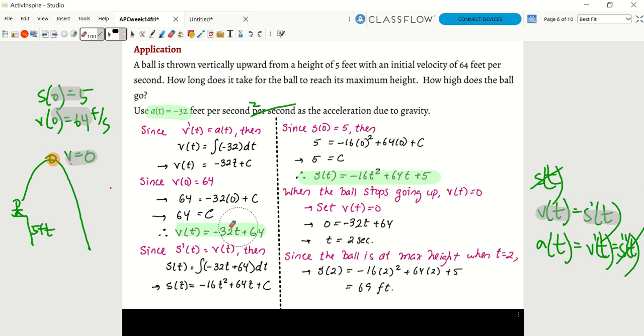Now we're going to go backwards again to use our velocity function to build our position function. So we're going to take the antiderivative of this right here, which is this right here. Whoops. Which is this right here.